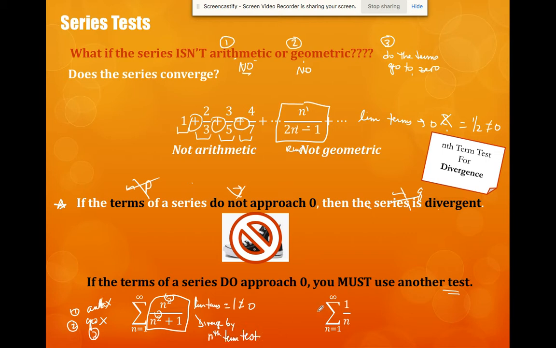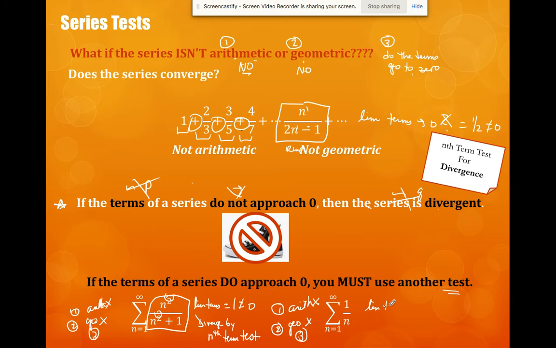But look at this example. Is it arithmetic? Right? Write out the terms. 1 over 1 plus 1 over 2 plus 1 over 3 plus 1 over 4. Is it arithmetic? No. No common difference. Is it geometric? No. There's no common ratio. 3.